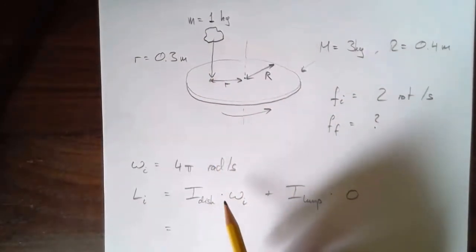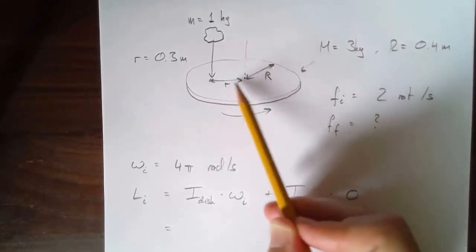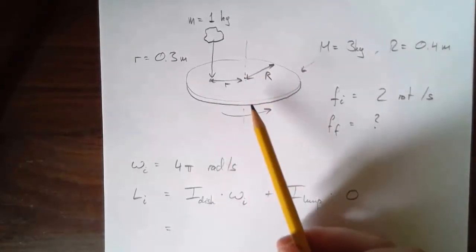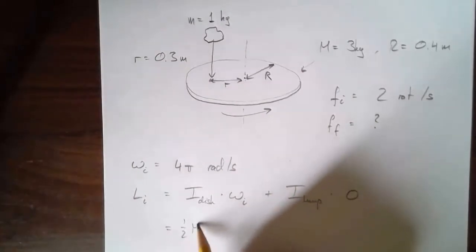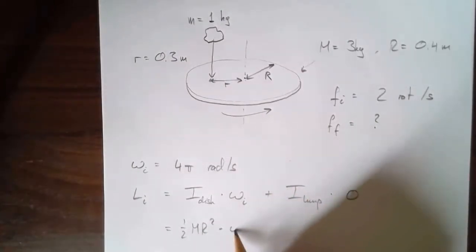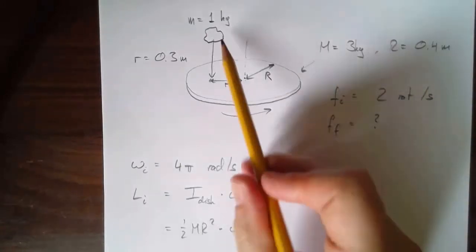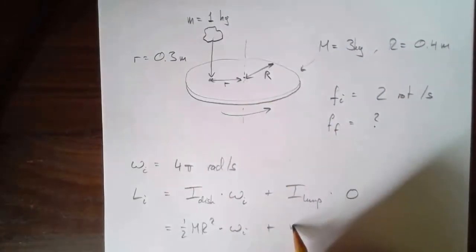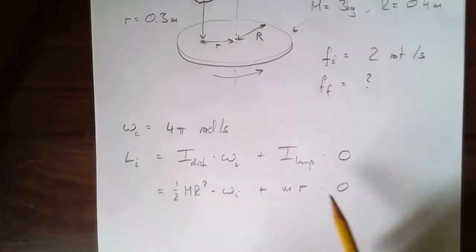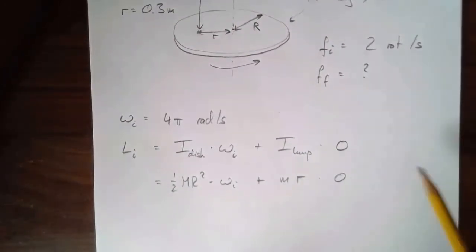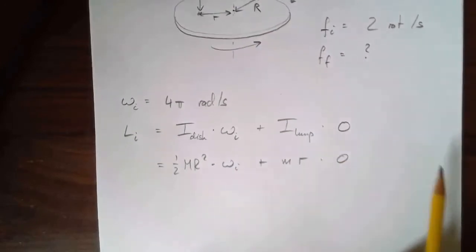We derived earlier how we came to that result using essentially an integration of rings of different radius from the center to the outside. In practice, though, it's something you might just look up. So I'm going to get 1/2 m r squared times omega I plus, now what is the moment of inertia of a lump? Well, it's the lump around the center point, so that's just m r squared, but of course I'm multiplying it by 0, so I'm really just including this for completeness. If you have a different example where it isn't 0, those steps still would make sense.